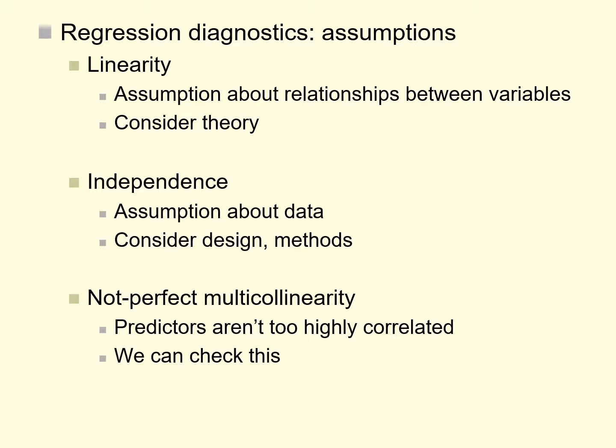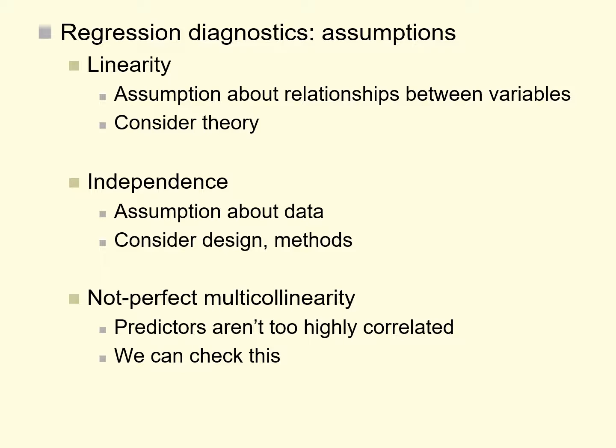Finally, an assumption that we make that we can actually test a little bit is that we're assuming not perfect multicollinearity. That is, we assume that the various variables in our design and in our analyses can be correlated with each other a little, but we're assuming that they are not all perfectly correlated. And this is a good assumption because it's one that we can test. Although I don't think I do it in my lecture today, you could very easily make a correlation matrix to look at the correlations between the variables in your analyses.